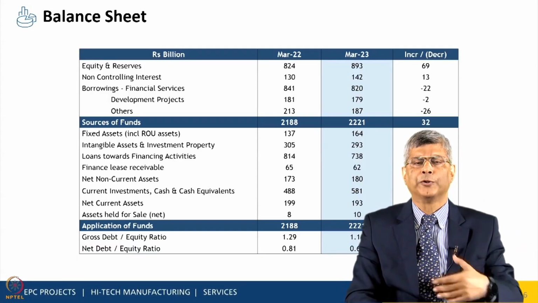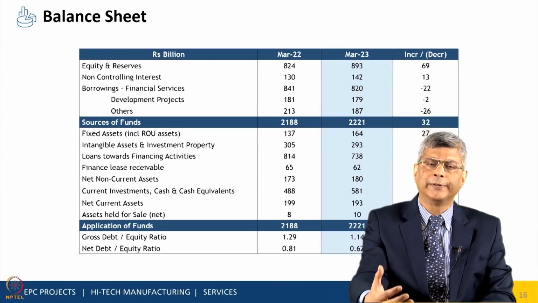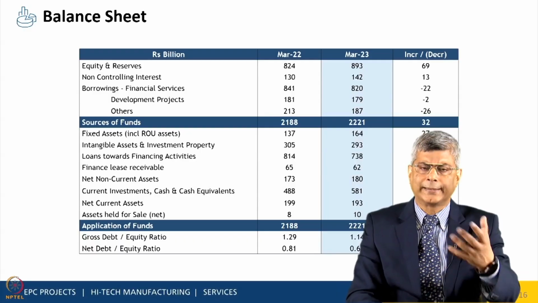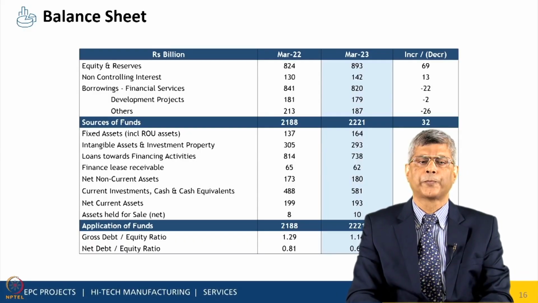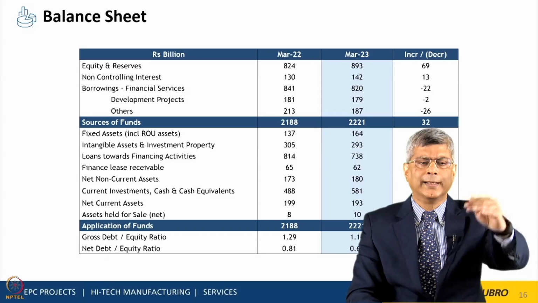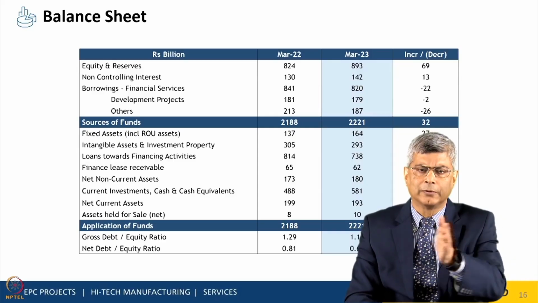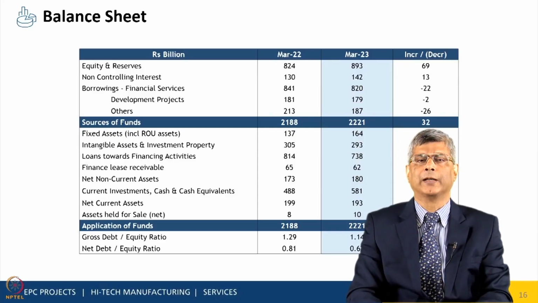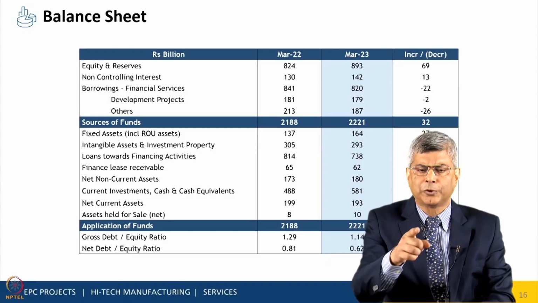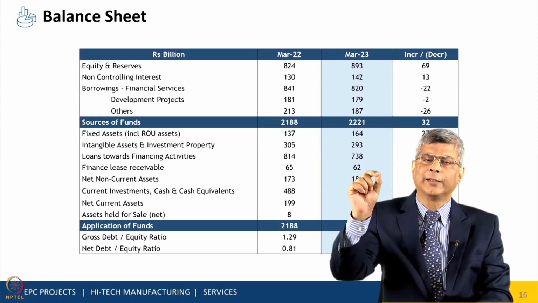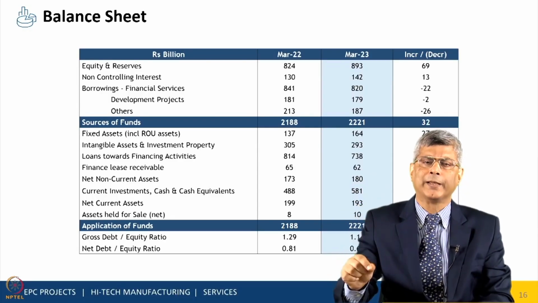If you go to Bombay and you go to Powai, you'll find big offices, which are L&T offices. That's their assets. And then there is other kinds of assets, which together then give a application of fund. And again, it says 2188 billion rupees. And you'll see that the source of funds matches the application of funds.